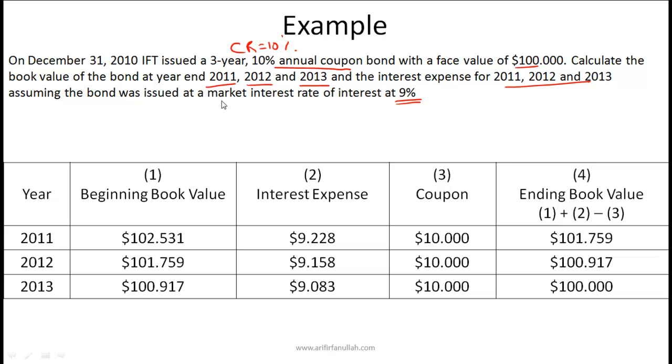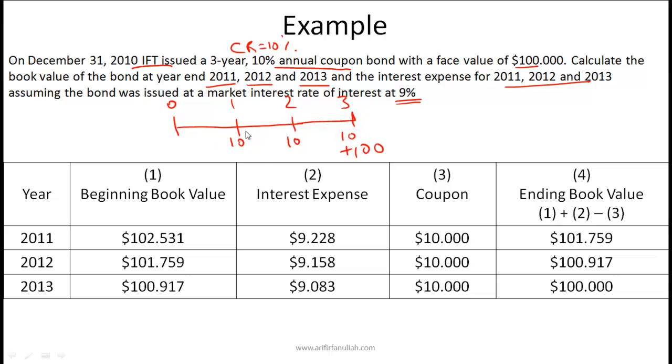And the market loves this issuer IFT, so the market is willing to accept a rate of 9% from this issuer. So what is the initial book value for this bond? So if you look at the cash flow over 3 years, the cash flow is 10, so that's your first coupon, 10% of 100, that's your second coupon, and then 10, your third coupon, plus the par value or the face value at the end.